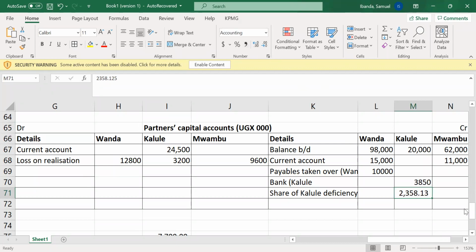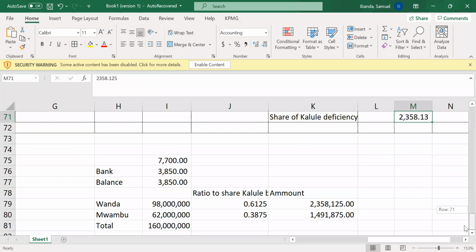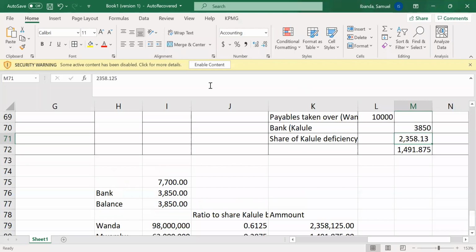Then I also bring the other one, which is 1491.875. You can round off, but let me first work the way they are. If you round off, this one will be 2358, and this one will be 1492. You can choose to round off.